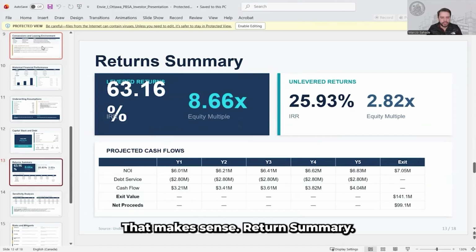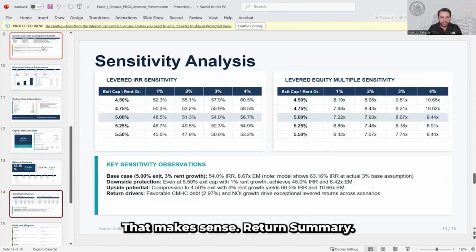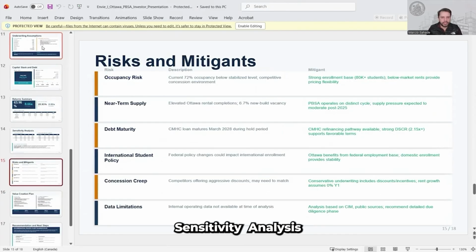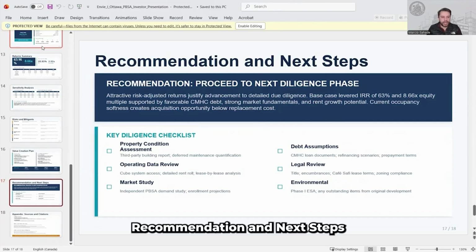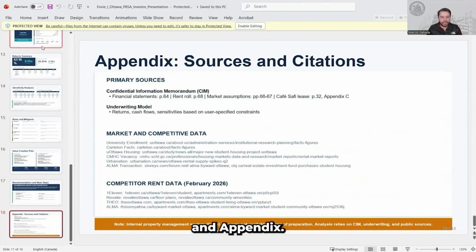That makes sense. Return summary, sensitivity analysis, risks and mitigants, value creation plan. Nice. Recommendation, next steps, and appendix.